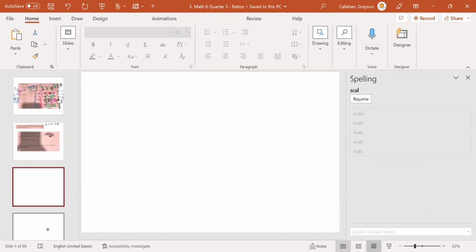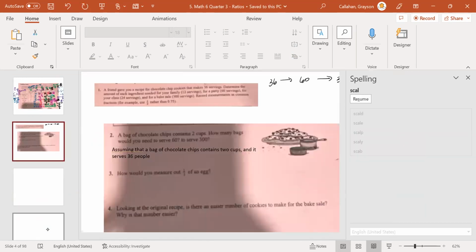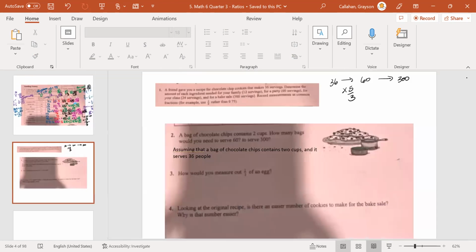So if the multiplier from 36 to 60 was 5 over 3, and the multiplier from 36 to 300 is 25 over 3, right? Then I would just take that 2 cups, multiply it by 5 over 3. Because remember, for 36 people, you will need 2 cups of chocolate chip, right?